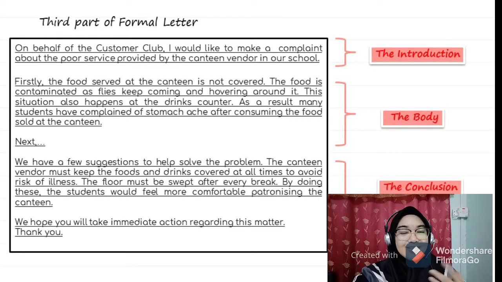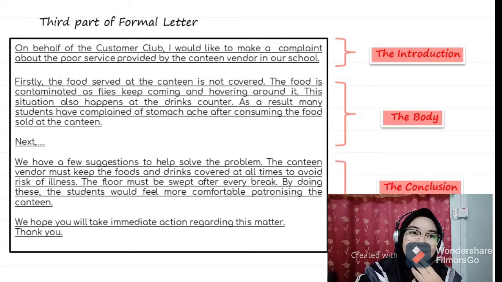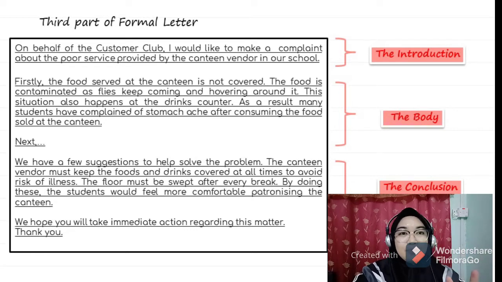Now, it's time for us to look at the third part of the formal letter, which is the content. But before that, I would like to ask you, do you guys remember the basic structure of an essay? Exactly. The content of the formal letter also have number 1, introduction, number 2, the body, and the third one is the conclusion.